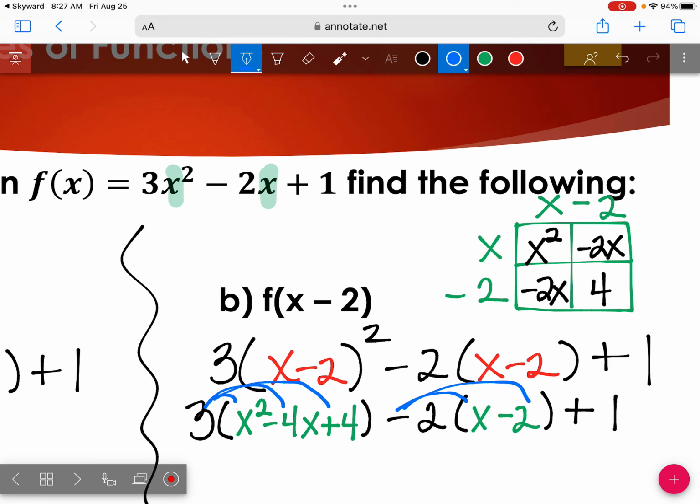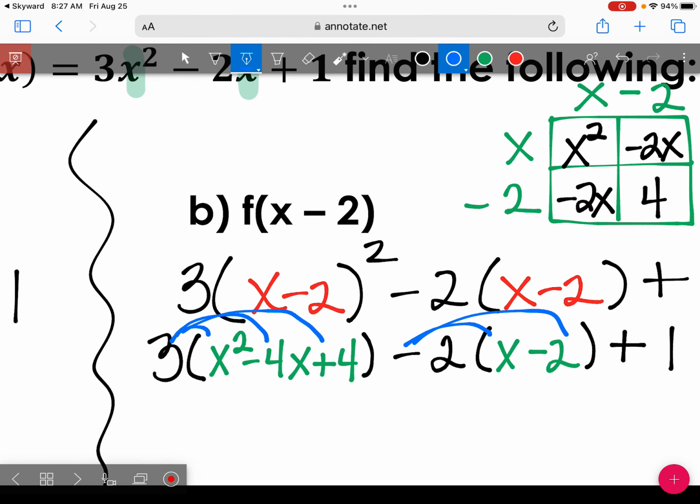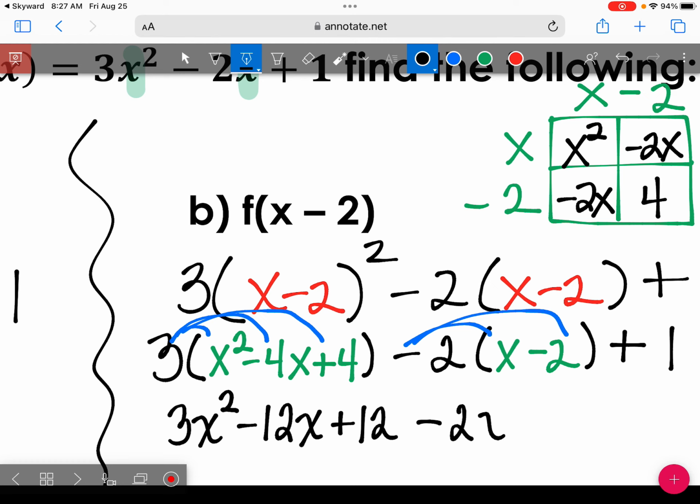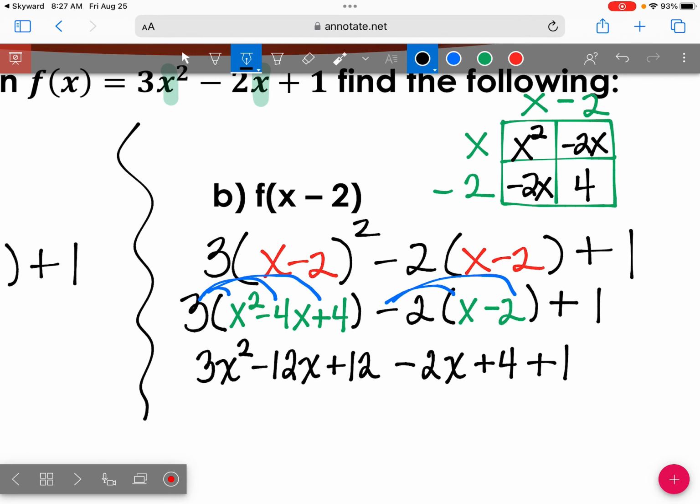So go ahead and do that. And then you're going to end by combining your like terms.